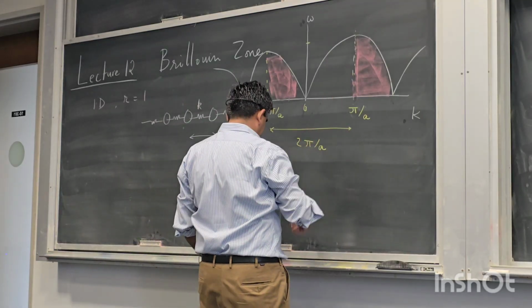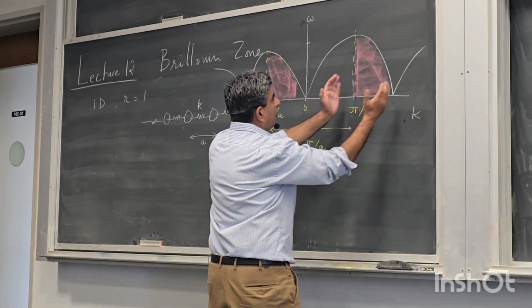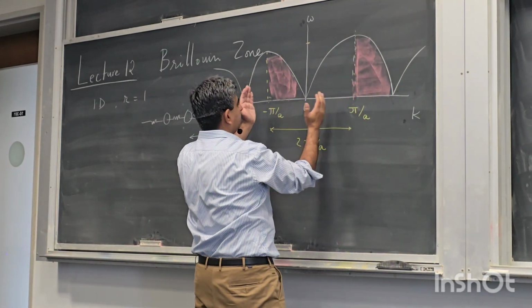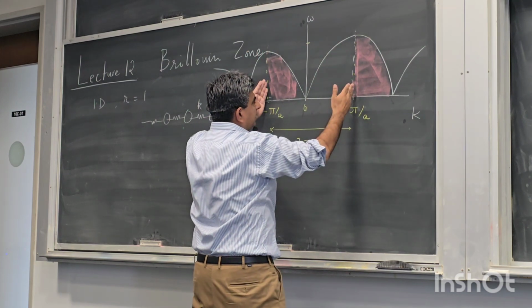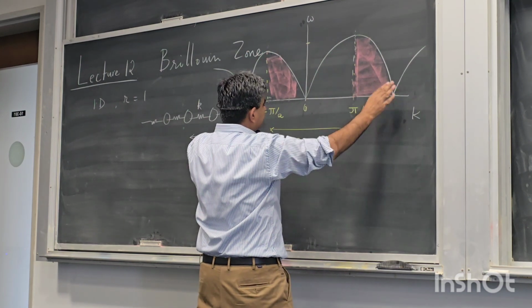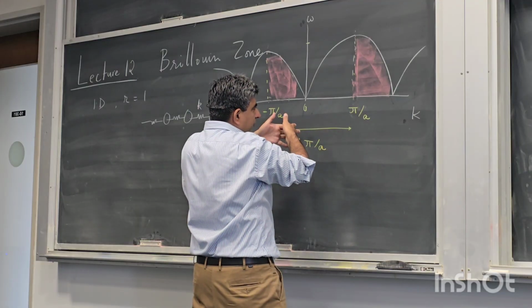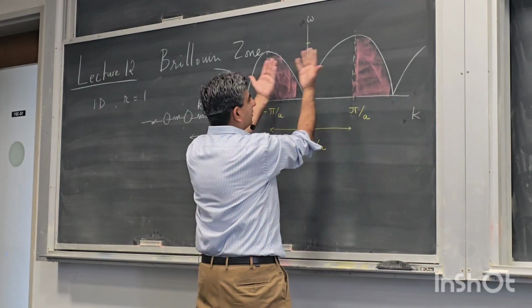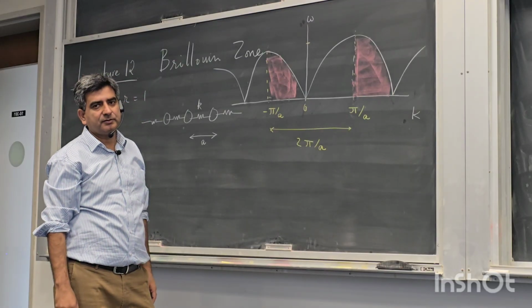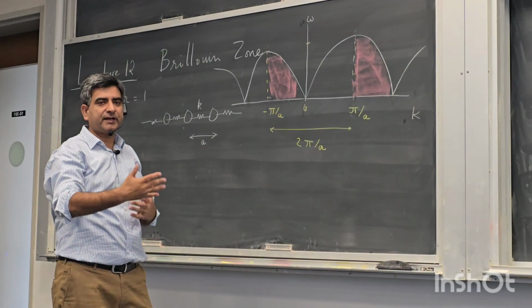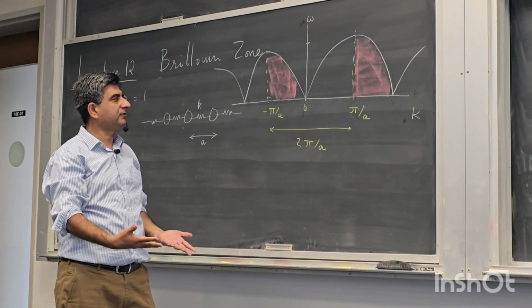So I can fold all of this back into the region in between these dashed lines. The regions outside this Brillouin zone, which is called the first Brillouin zone, can be folded back into the first Brillouin zone by translations through reciprocal lattice vectors or multiples thereof.